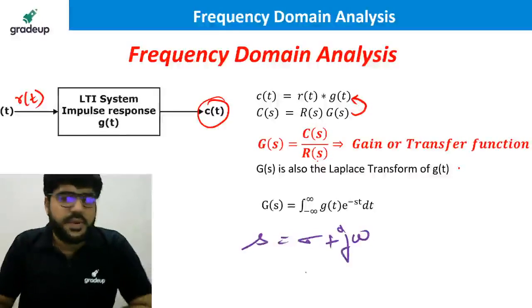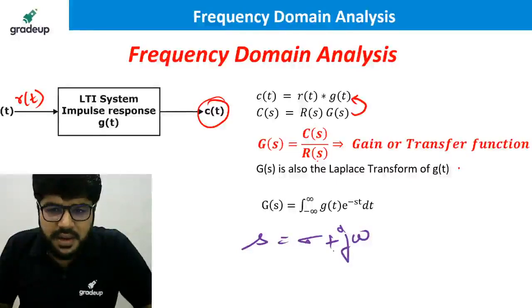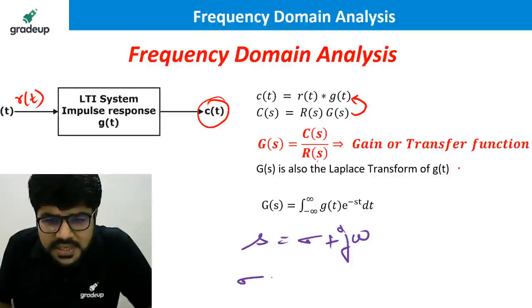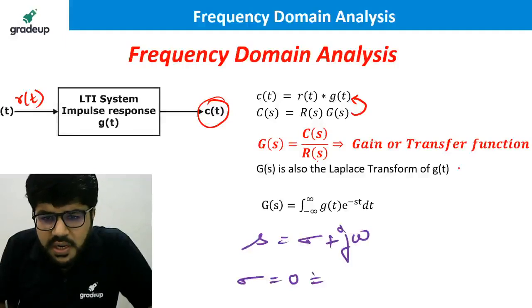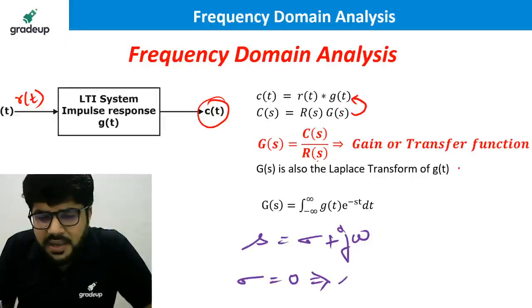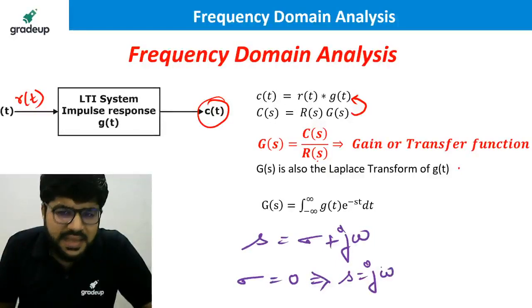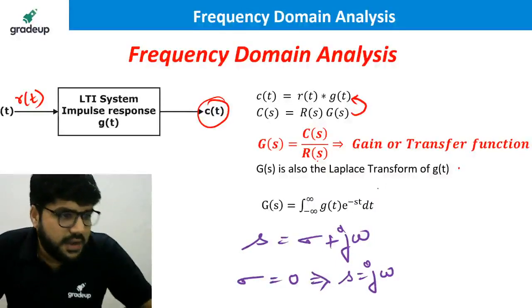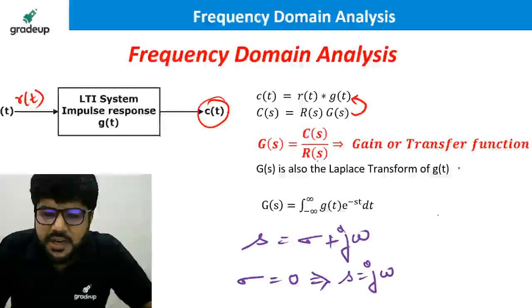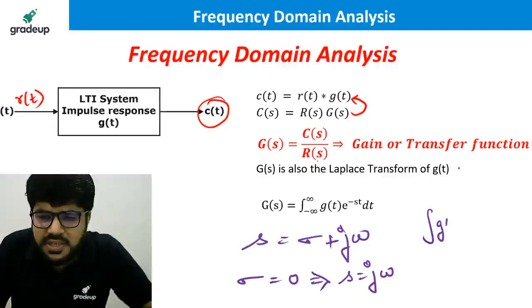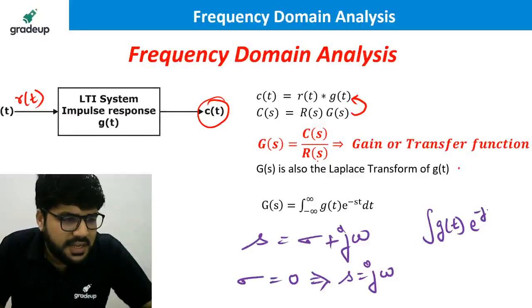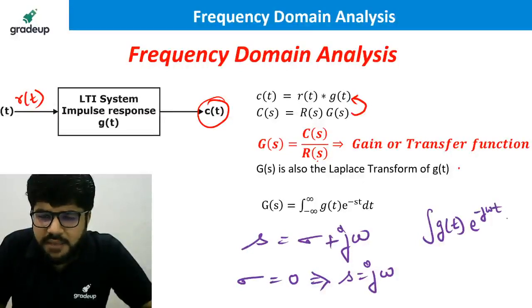If I put sigma equal to 0, the real part, I get s equal to j omega. And if s is equal to j omega, this formula looks like the integral of g(t) e power minus j omega t dt.